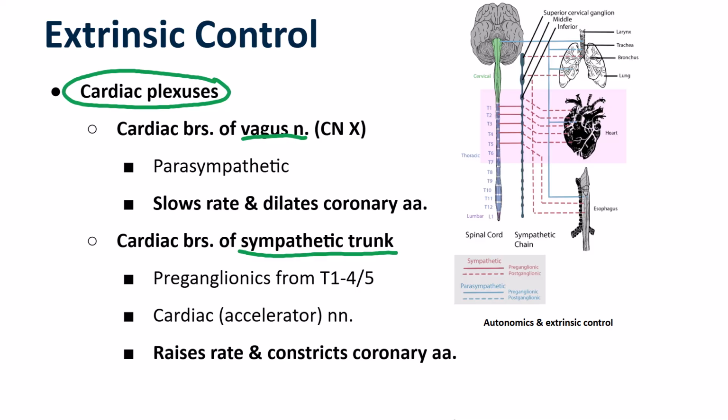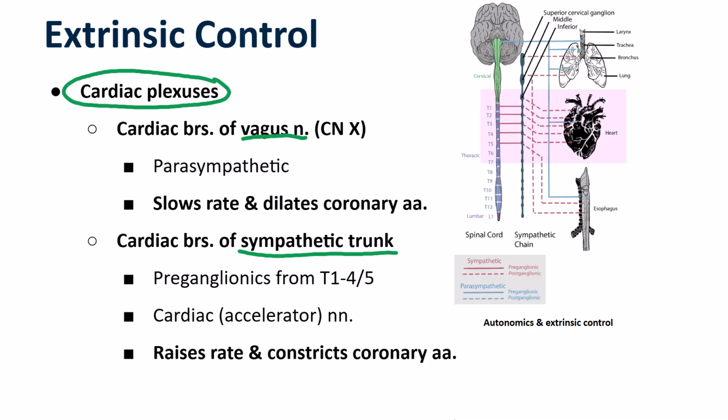And so the vagus nerve, or cranial nerve 10, is one of 4 parasympathetic outflows from the brain. And it has a lot to do with autonomics, specifically parasympathetics of the neck, the thorax, and the abdomen.